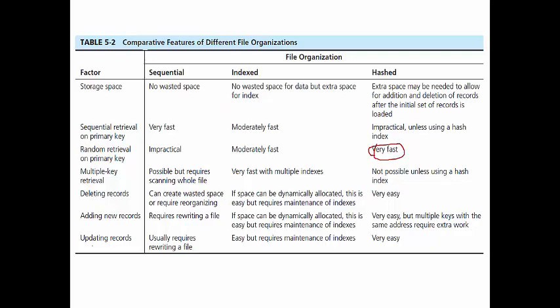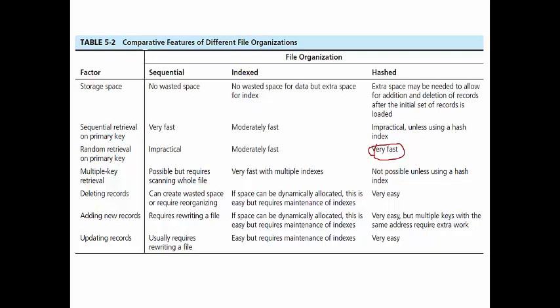You can see updating records. If you want to update, which one's better? Adding new records requires rewriting files in the sequential case. In the indexed case, sometimes it should be reallocated. The hashed structure is very easy for adding new records.